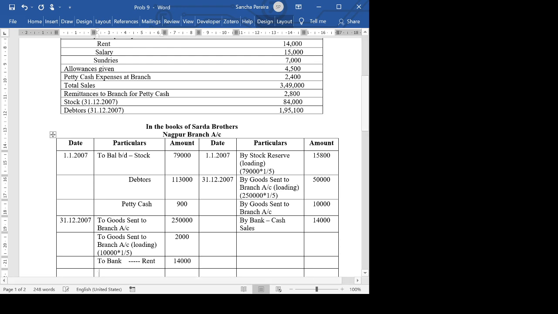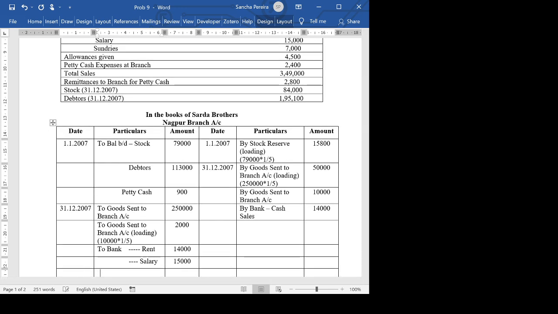Then we have salary, which is 15,000. Then there is also sundries, that is 7,000. Okay, I would like to put another item here, though it is not mentioned in this.